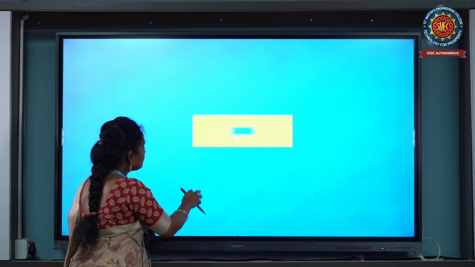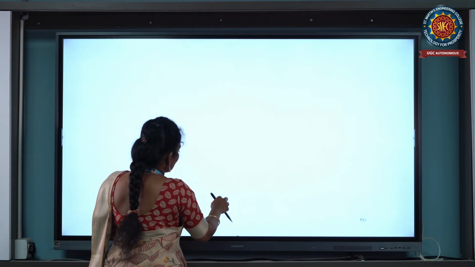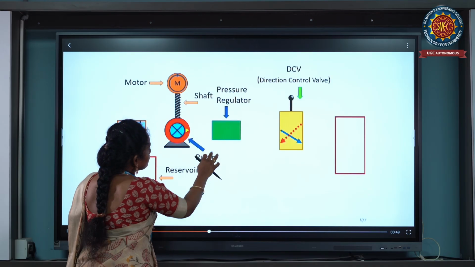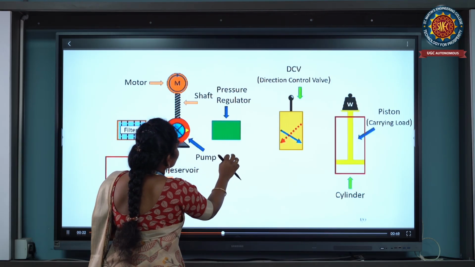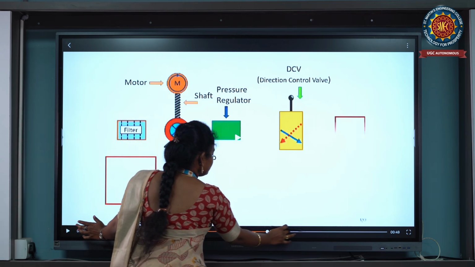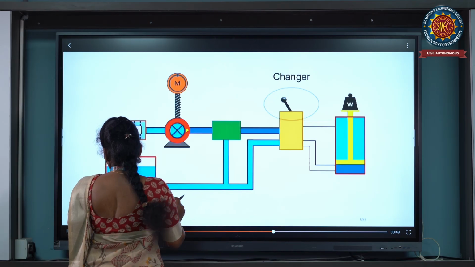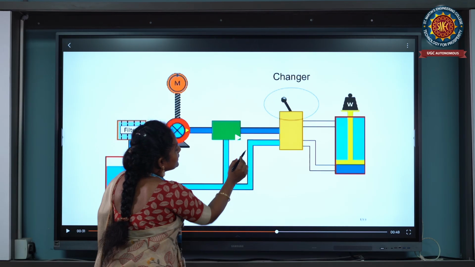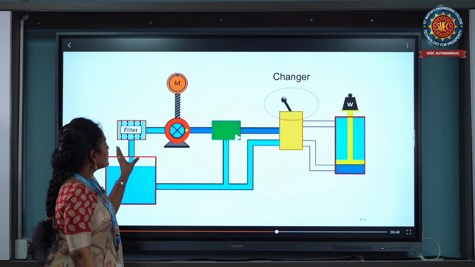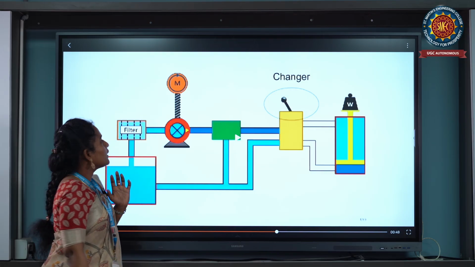Here, observe what the high pressure and low pressure are. This is high pressure oil and this is low pressure oil. So these are the components and working principle of the hydraulic system. Are you clear?